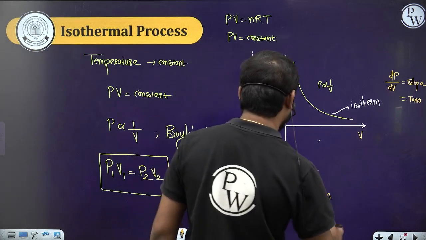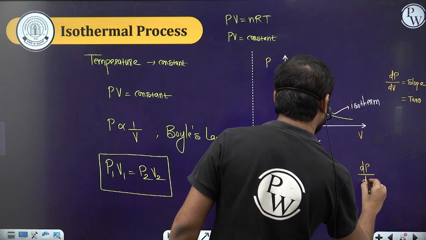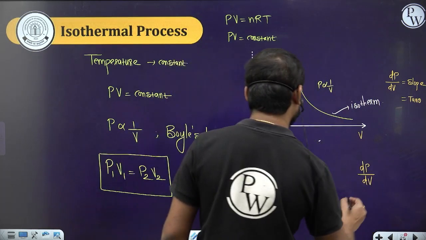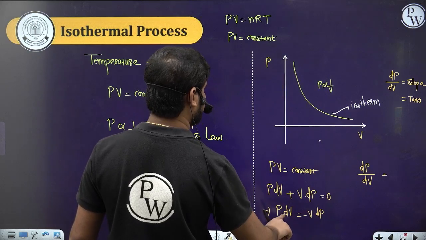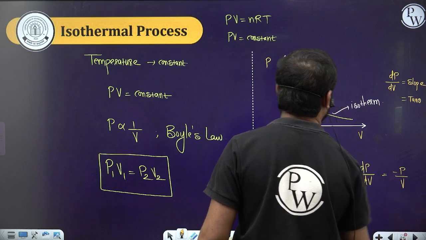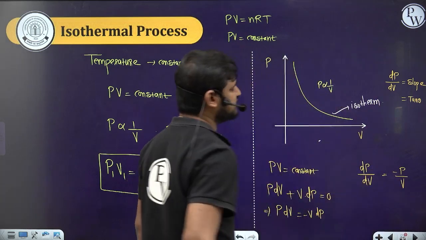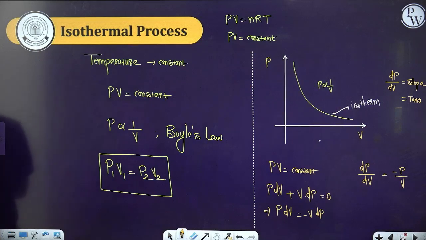From here I need dP by dV. Bring this to this side, which we get dP by dV equal to minus P by V. Understood? The slope of this one is minus P by V. Understood this part, guys?